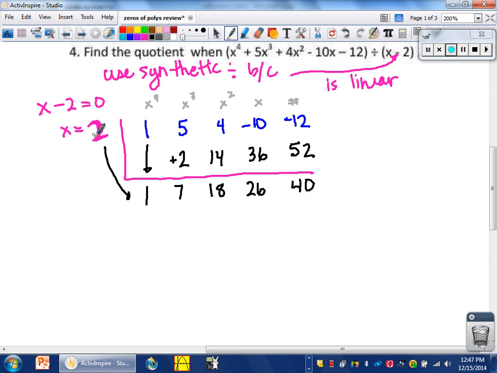So the number on the outside multiplied by the number on the bottom, and then you put it here and we add. So now we have to come back here and decipher what we have.